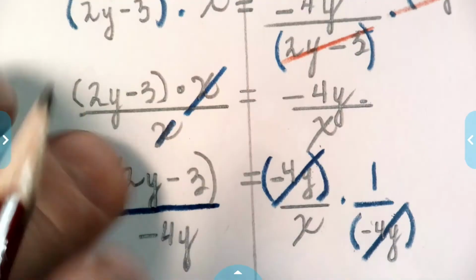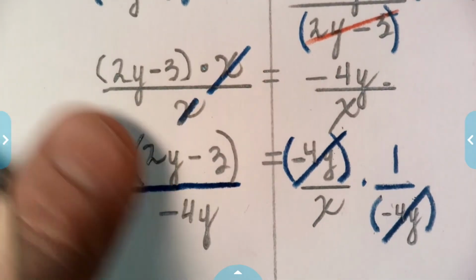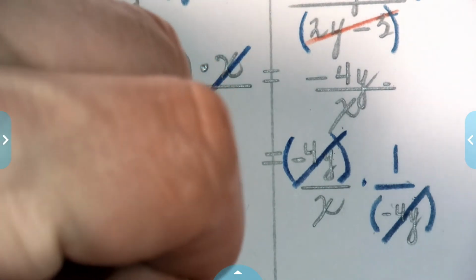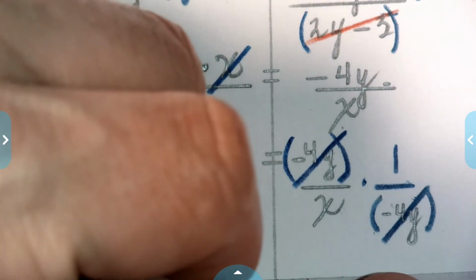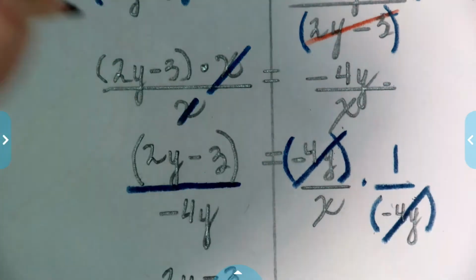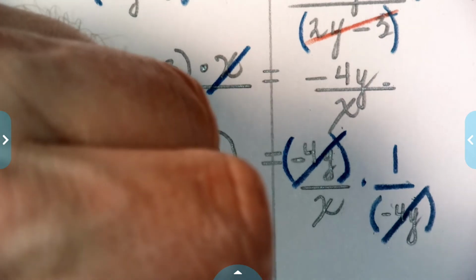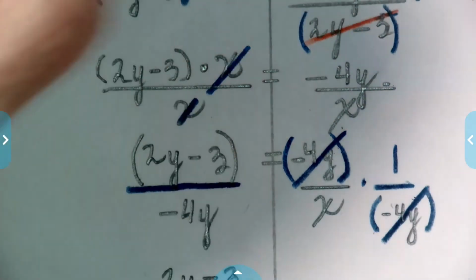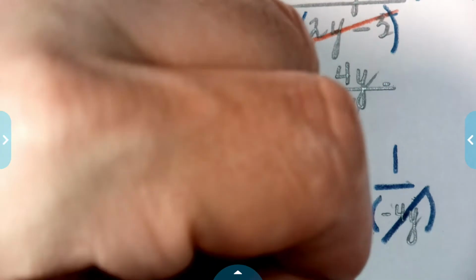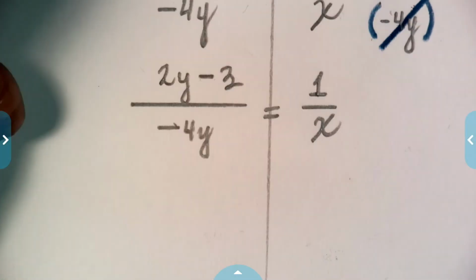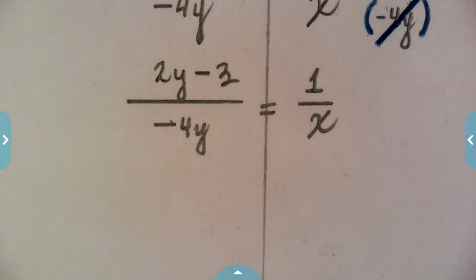So before we even mess with this at all, let's just rewrite it. 2y minus 3 over negative 4y is equal to 1 over x. Sorry, couldn't see that.